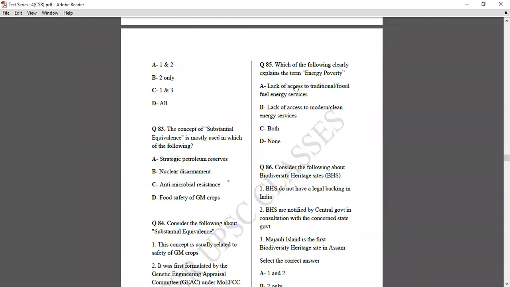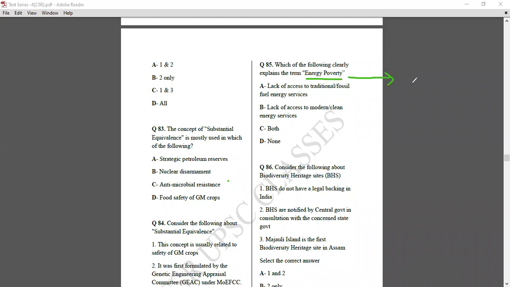Which of the following clearly explains the term energy poverty? Lack of access to traditional or fossil fuel energy services, lack of access to modern or clean energy services, both, or none. First of all, you need to know the exact meaning of energy poverty.